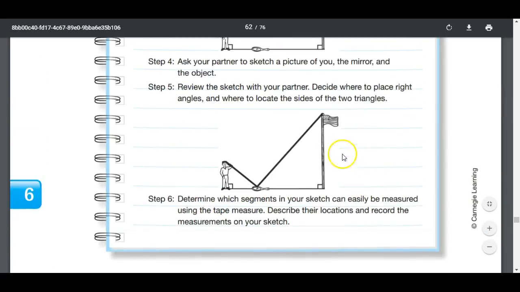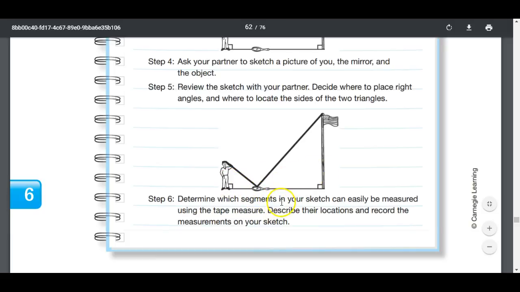So the idea here is that these two angles are congruent, and since you're standing straight up on the earth and the flagpole is straight up on the earth, you have angle similarity. That's the concept, so you can prove these two triangles are similar.